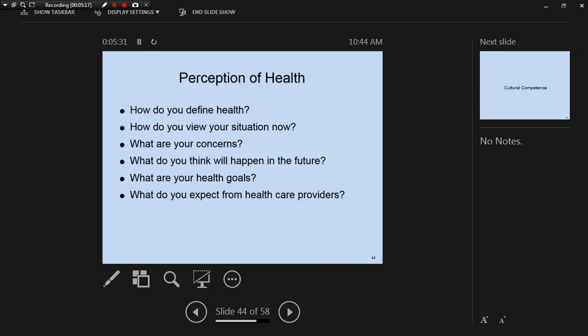So it's at two ends of the spectrum. How do they view their situation now? Do they have a good quality of life, or are they barely getting out of bed and functioning? What are their overall concerns? What are their health goals? And what do they really expect from the nurses and the doctors?